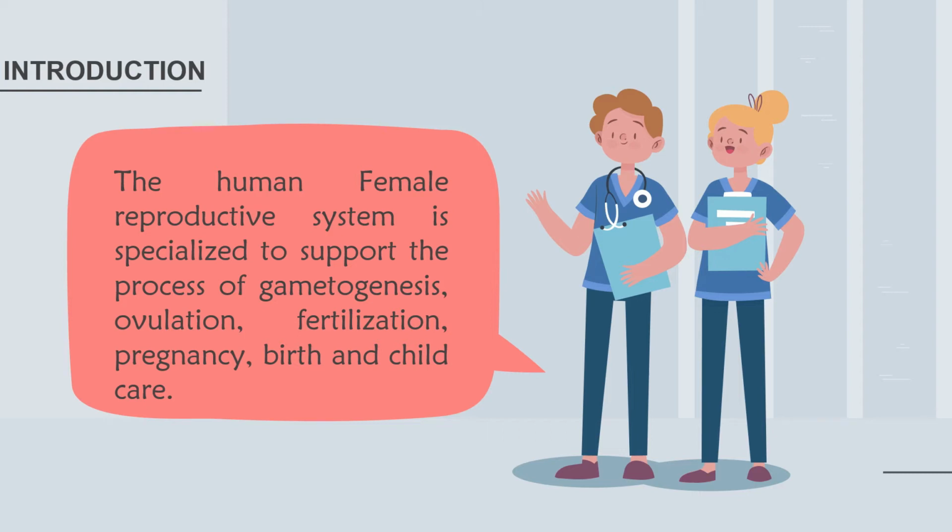It would also help in the process of fertilization of the male and the female gametes. And it would also help in the process of pregnancy, birth and childcare. So in general, the human female reproductive system is going to help to carry out a number of different processes.